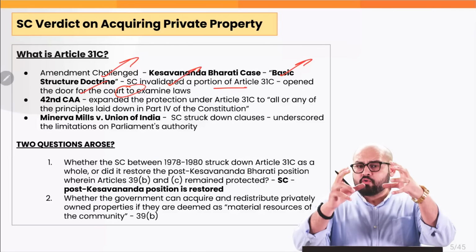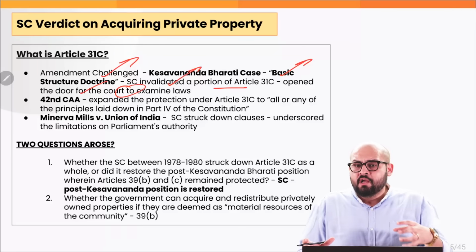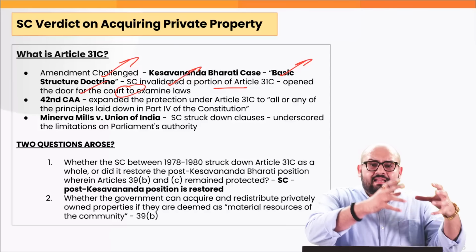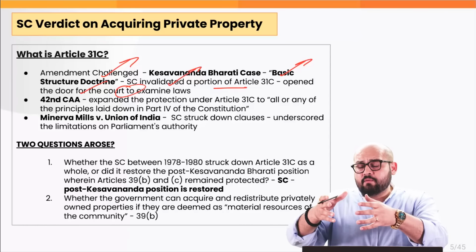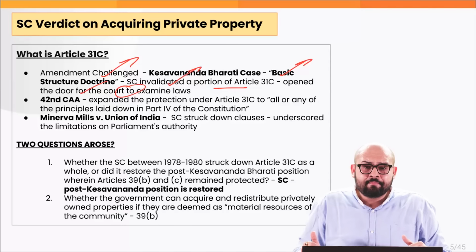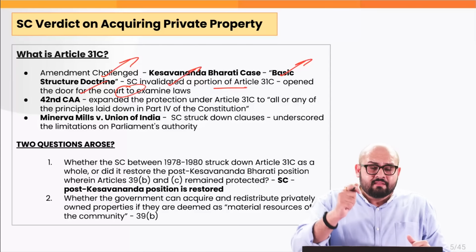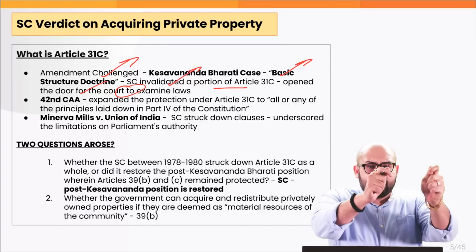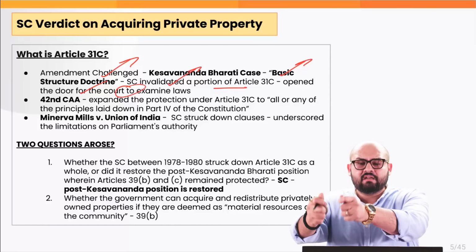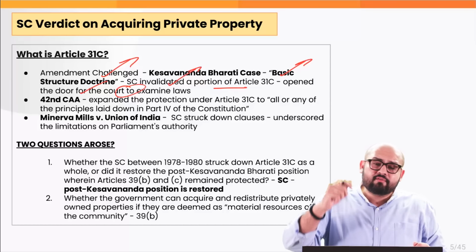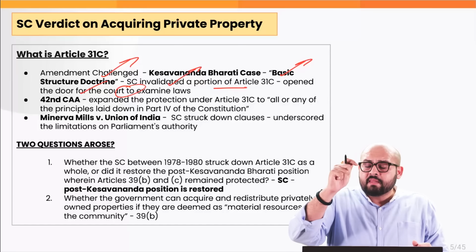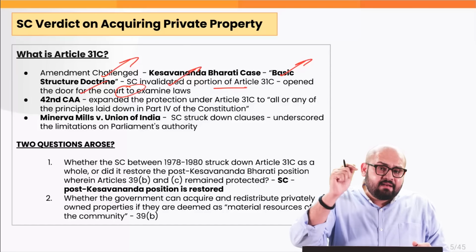That is, if a state has made a law in pursuance of 39B and 39C, the courts must ensure whether the law is really in line with the principles enshrined in 39B and C or not. So it was left to the judiciary to decide.